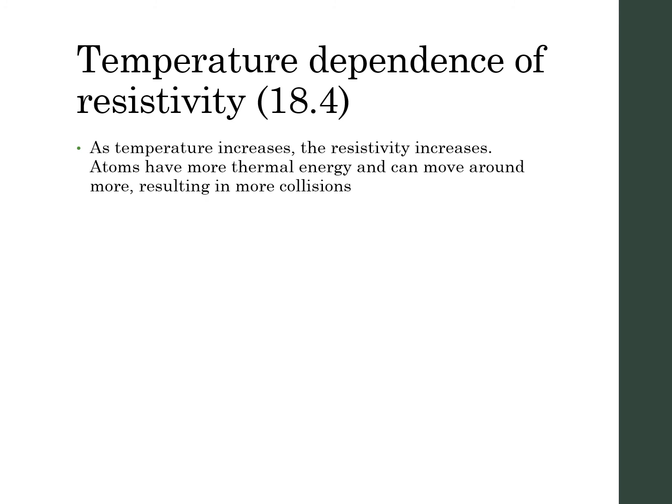The reason that's going to be the case is your atoms have more thermal energy because it's now a hotter wire. The internal energy is higher, therefore it's going to be able to move around a little bit more. And so you're going to have a higher number of collisions for your electrons, which means that it's going to be harder to travel from one location to another.